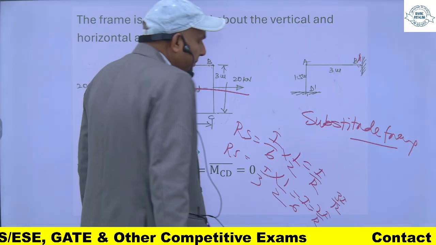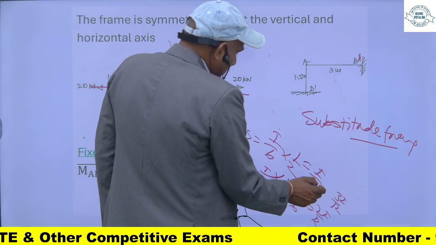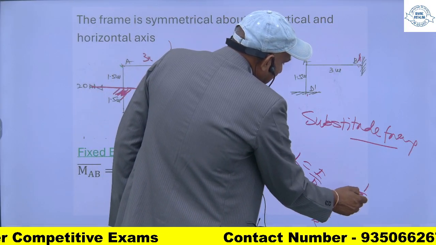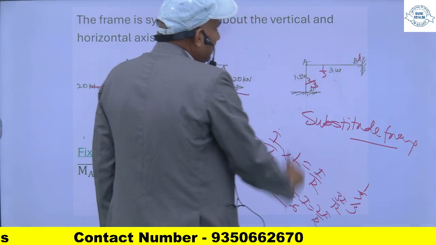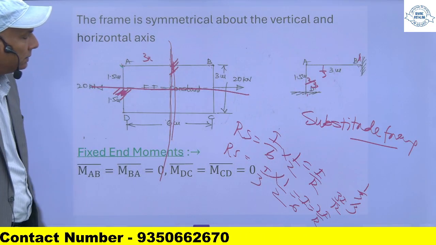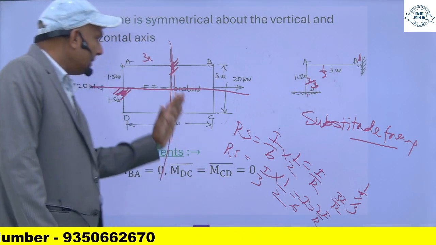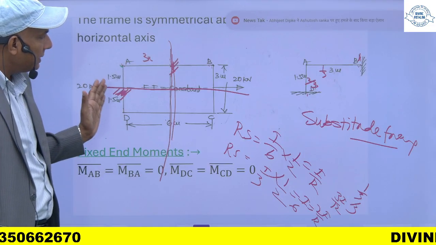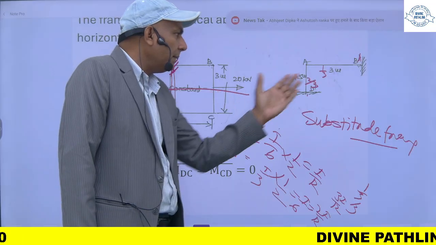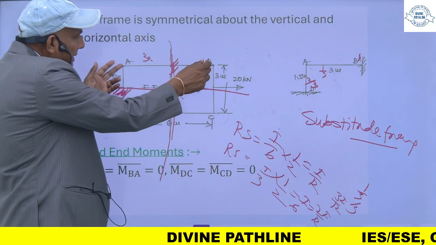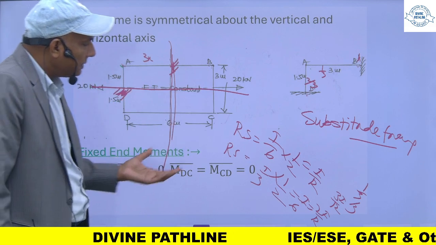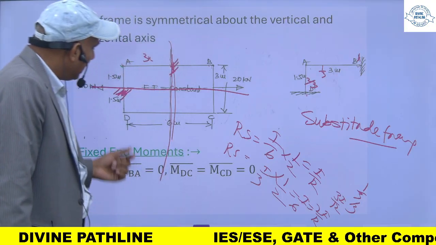Now the relative stiffness will be 1 by 3 and 2 by 3. So for this member it is 1 by 3 and it is 2 by 3 here. In the case of the substitute frame, when this is symmetrical, relative stiffness will be half of this one. So half of whatever relative stiffness of this AB member, which is I upon 6, will be there for this, and half of this as well.